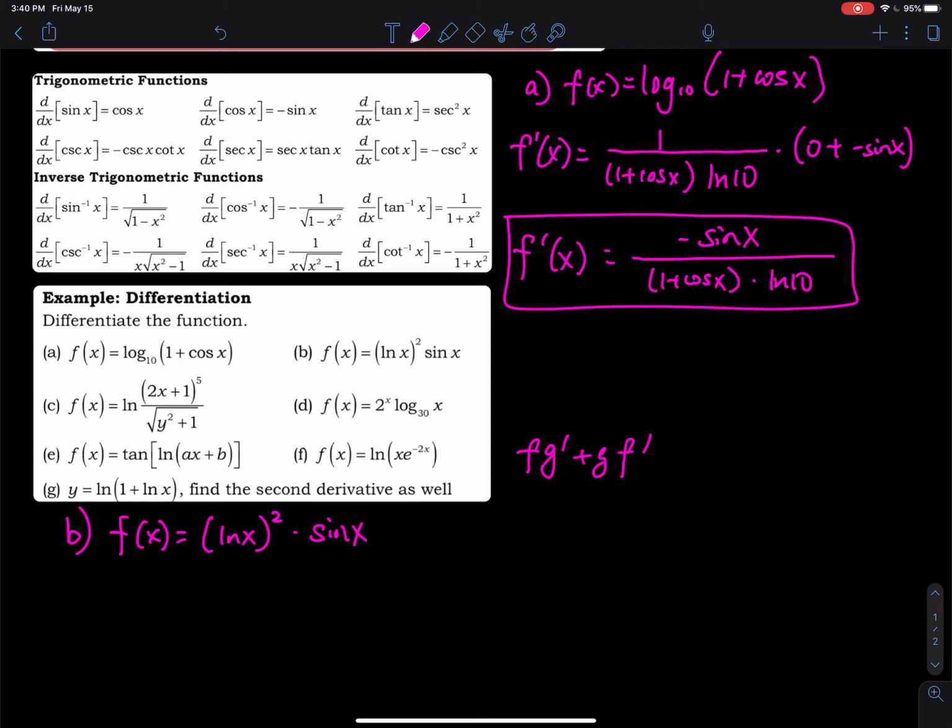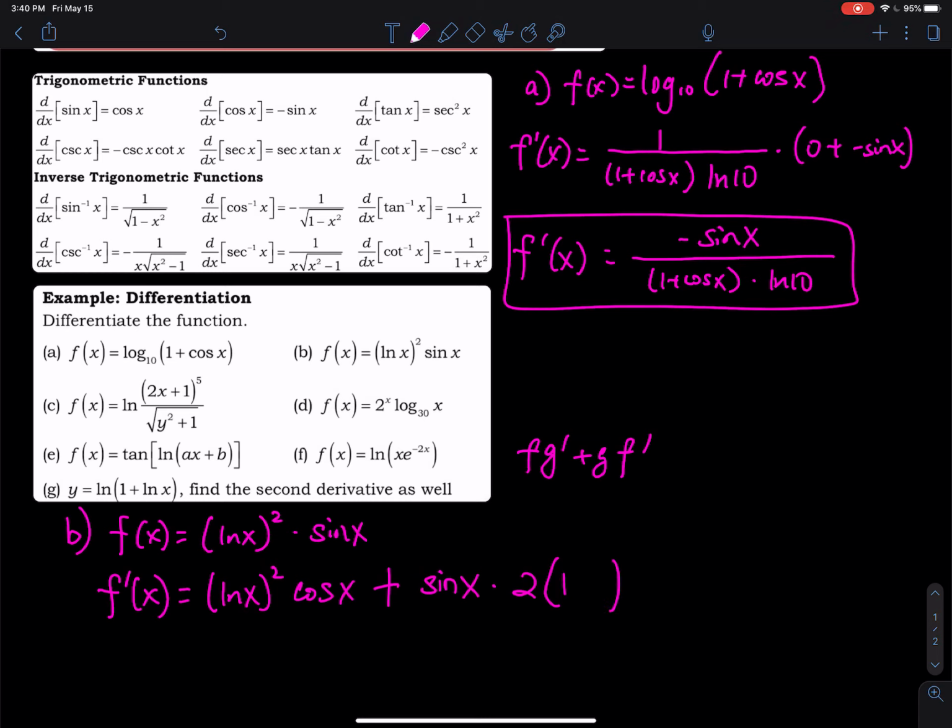And then let's do the derivative. So f g prime will be ln x squared, right? We don't touch the f. The derivative of sine is cosine. And then plus, that is the product rule, g, we just copy g again. The derivative of ln x squared, we have ln inside a square function. So we bring the square down first, right?